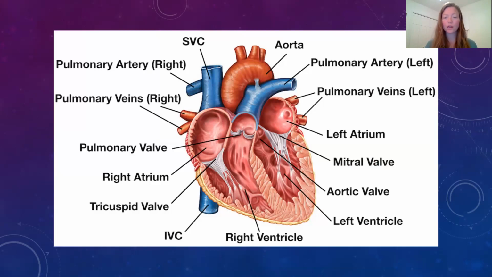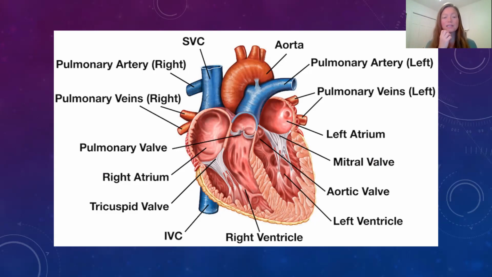And it's important for you to understand how the blood flows through the heart. It's also important to understand the parts of the heart. So let's look at this diagram here. You can see in the middle that kind of thicker wall. That is the septum. This is what divides the heart in half about in the middle between the left and right ventricles. The heart is also divided from upper to lower.